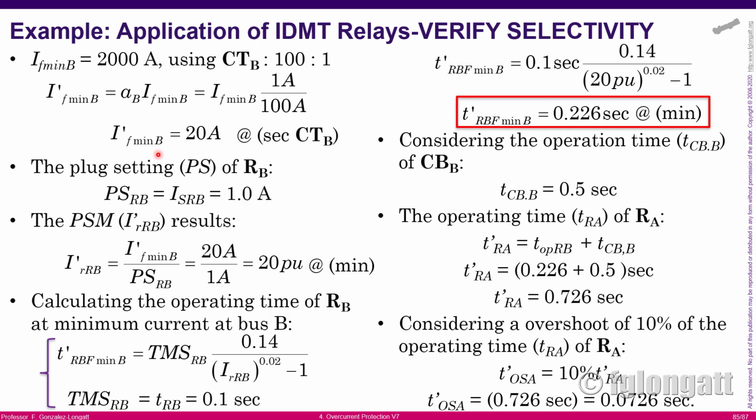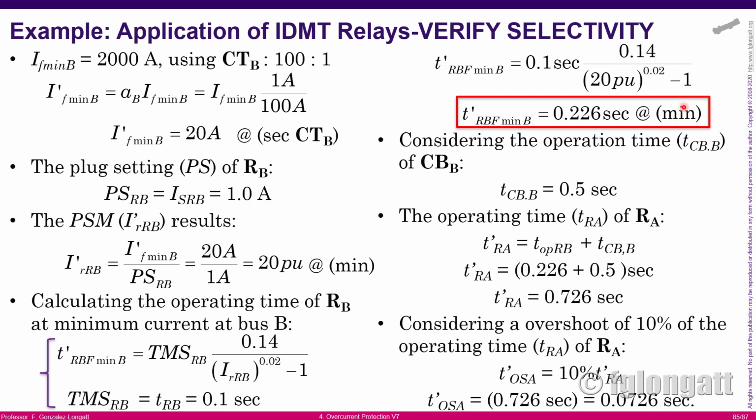The setting for the current pickup of relay B is already defined, 1 amp, and the per unit value at minimum fault current is 20 per unit, okay? What we need to do now is calculate the operating time of the relay B, okay? We can do that extremely simply because we know the equation that defines the operating time of the relay, and we already know the time setting of the relay, 0.1 seconds.